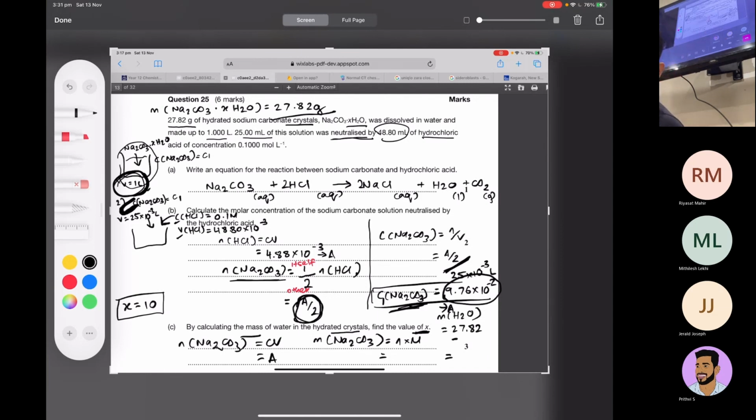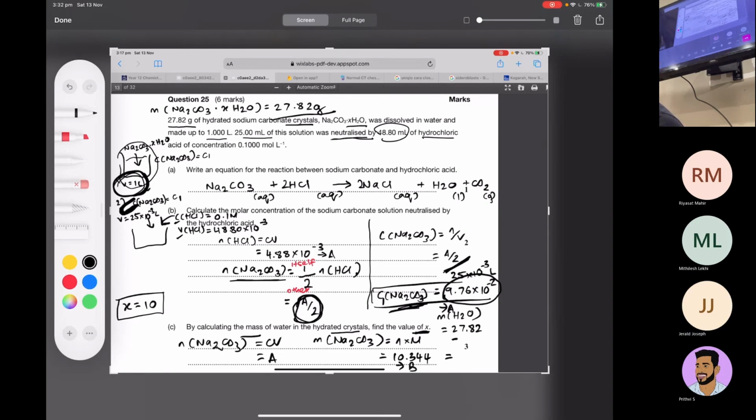What do you get for your mass? Mass of sodium carbonate was 10.344. Okay. Double check. 10.344? Yeah. We'll store that as B.